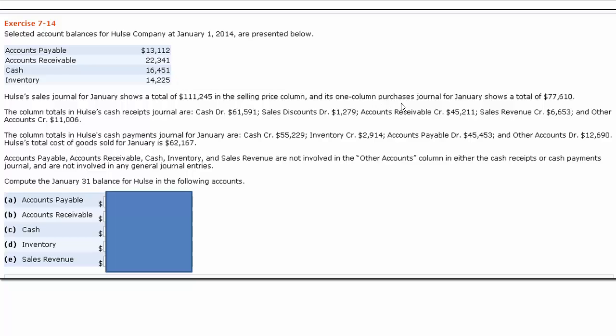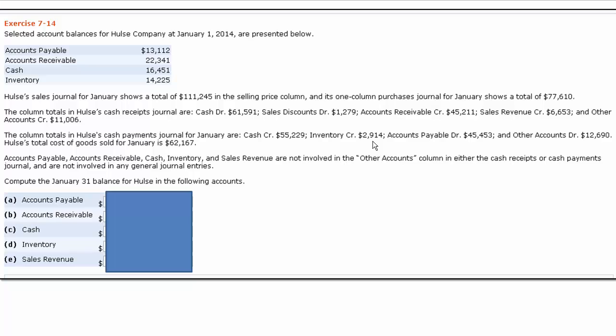The one column purchase journal shows a total of $77,610. Now remember, if it's a one column purchase journal, the assumption is it's a debit to inventory and a credit to accounts payable. Okay? I think they told us we had an inventory credit, so there's a reduction of $2,914 from the cash payments journal.